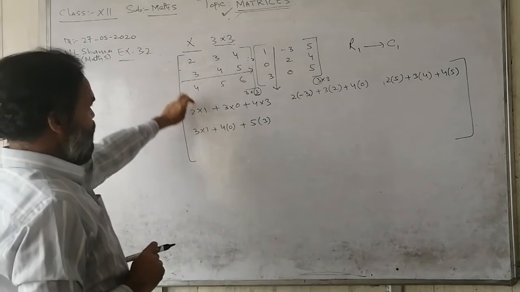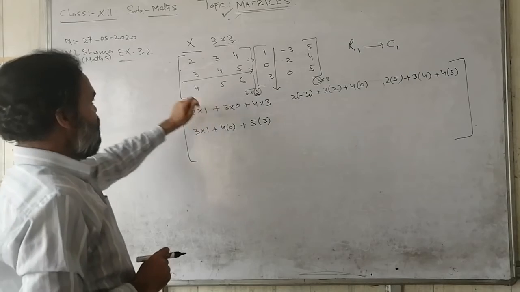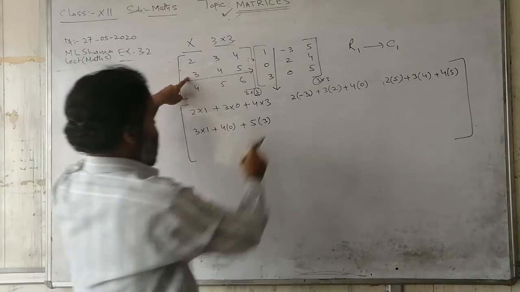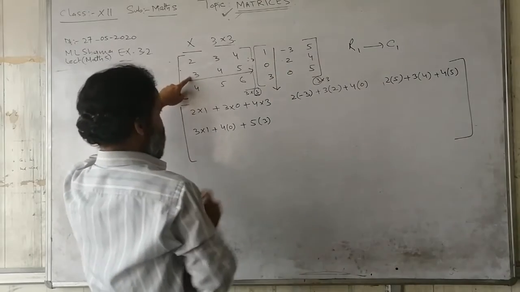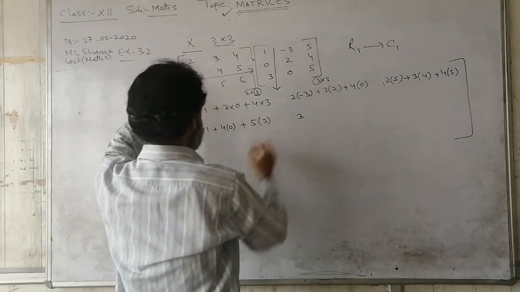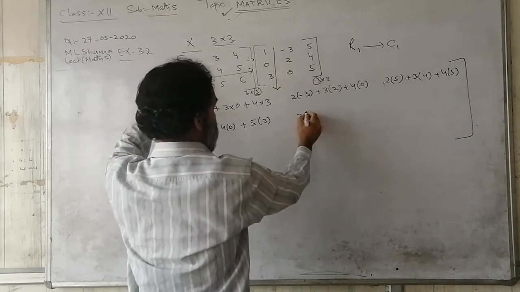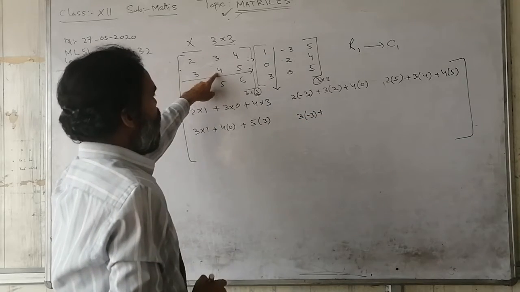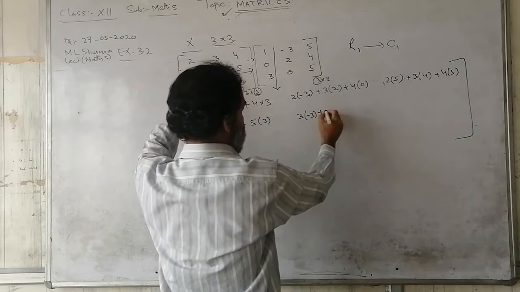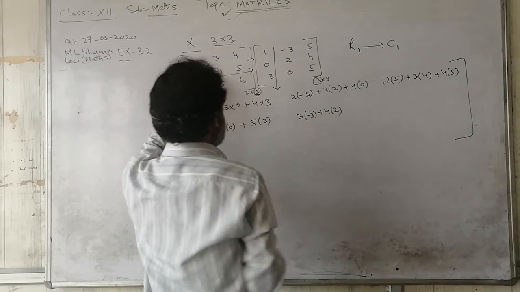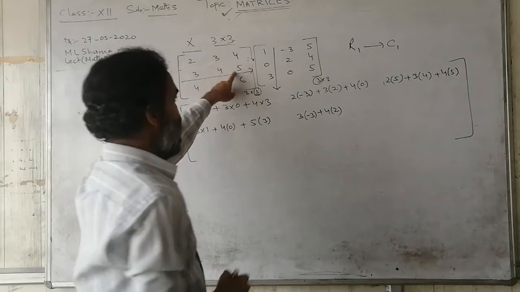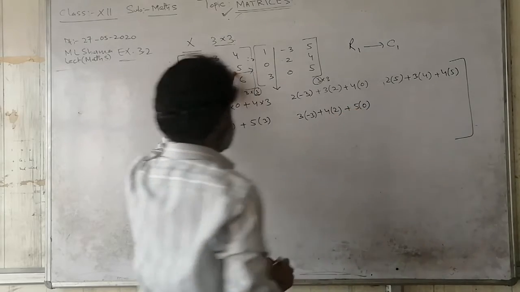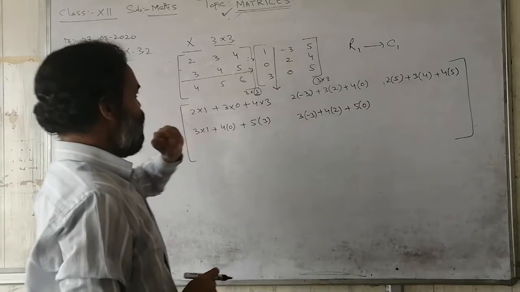Then the second row is multiplied by the second column elements: 3 multiplied by minus 3 plus 4 multiplied by 2 and 5 multiplied by 0.